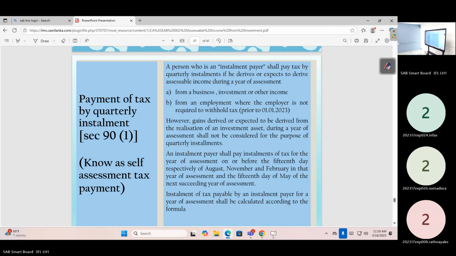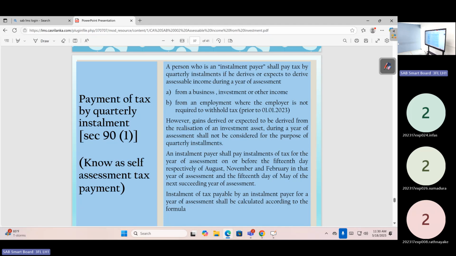installment tax liability. Right? An installment payer shall pay installments of tax for the year of assessment on or before the 15th day of August, November, February in the year of assessment, and the 15th day of May of the next succeeding year of assessment. So installment tax payments fall on 15th August, 15th November, 15th February of the same year of assessment, and the fourth installment falls on 15th May of the next year of assessment.